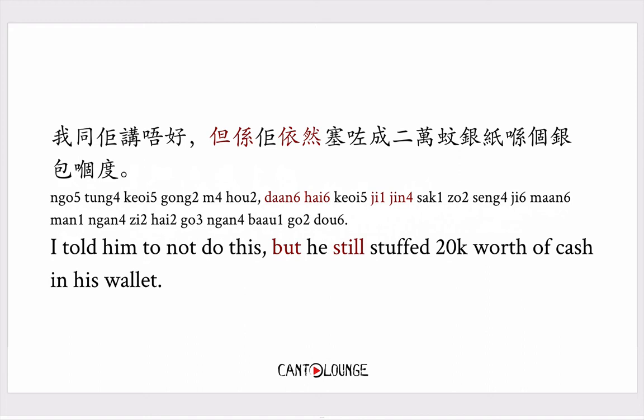And Sam has a proclivity to bring lots of cash out, and you warned him against doing so. So you might say to John, your friend, you're very frustrated about Sam: 我同佢講唔好，但係佢依然塞咗成2萬蚊銀紙喺個銀包嗰度。And who knows, maybe he was robbed or something.